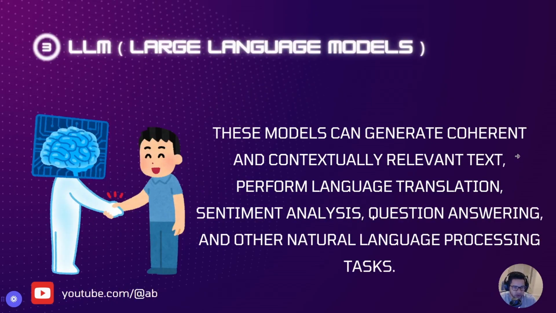These models can generate coherent and contextually relevant text, perform language translations, sentiment analysis, question answering, and other natural language processing tasks. So we can build chatbots that can talk to humans and do translations and many other tasks as well.